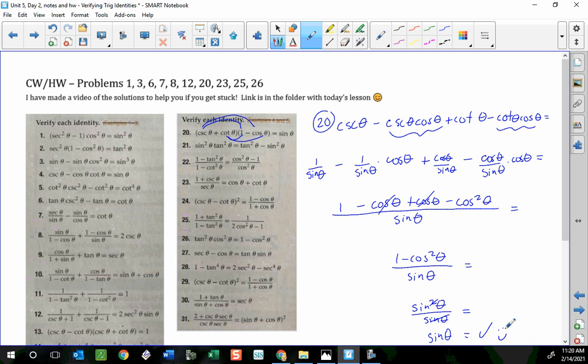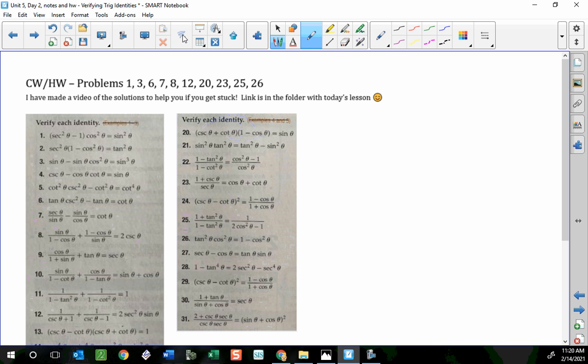All right. So 23. Let's see. I can split this fraction. Let me try splitting these fractions into two, because I would get 1 over secant, which is cosine. Then I get cosecant over secant, which I'd have to figure out, but it might be cotangent. And it will be. So I'm going to split this into two fractions. 1 over secant.